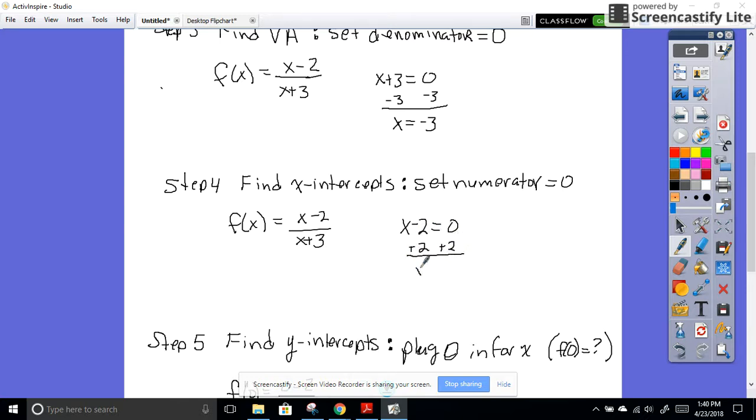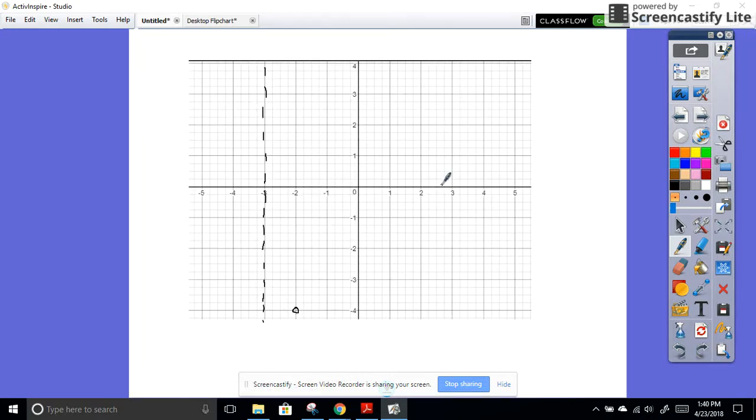That's telling you where your graph is going to cross the x-axis. So I have an x-intercept at x equals 2. Here I am at x equals 2. I can put a dot right there because that's where my graph is crossing the x-axis. And I'm gathering a whole bunch of clues here so that I can figure out how to sketch my graph.